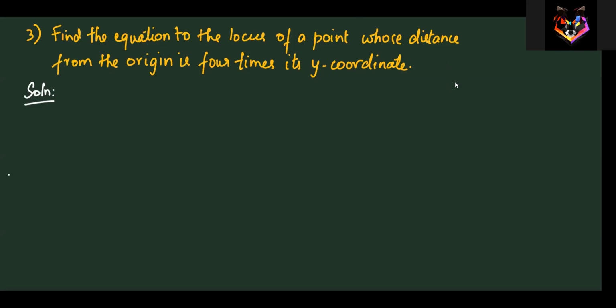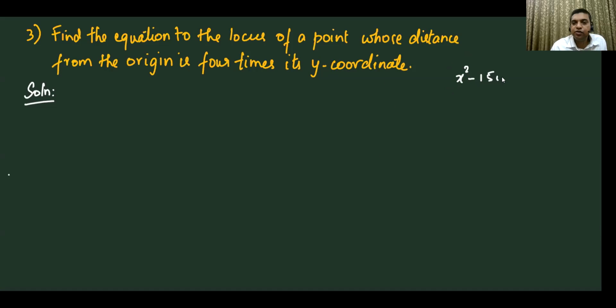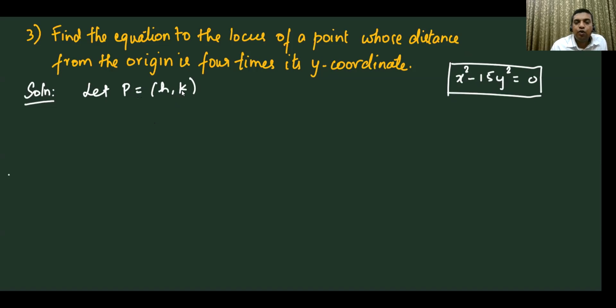So x square plus y square is equal to 4y. You get x square minus 15y square equal to 0. This is what you should get as the answer. Let's see. So let P be equal to h comma k. What is given?